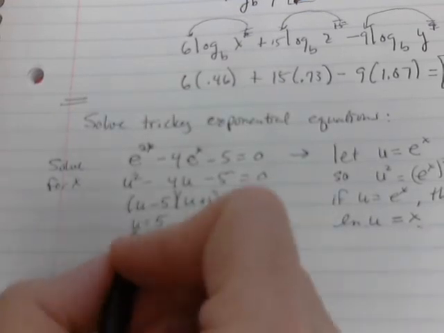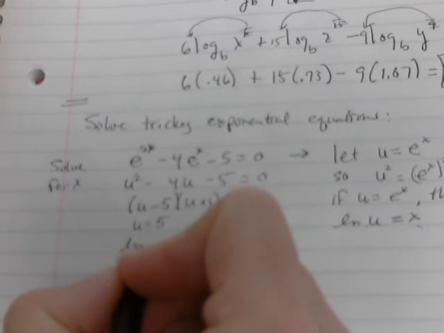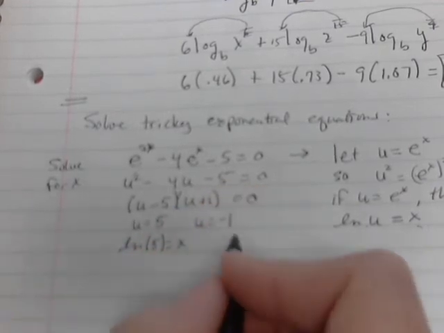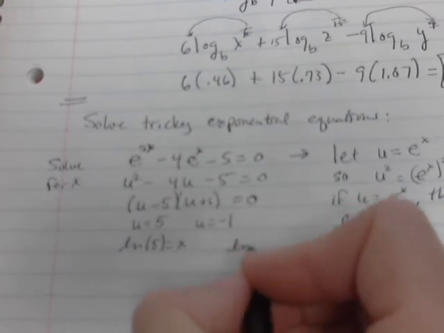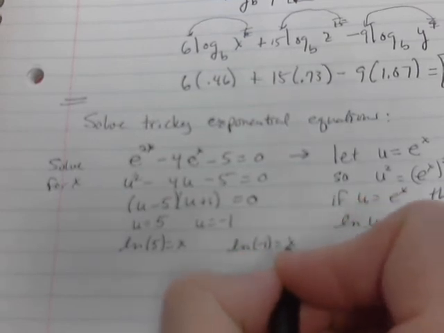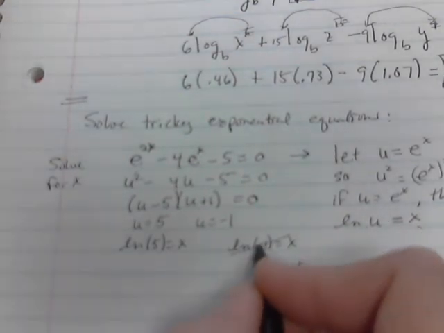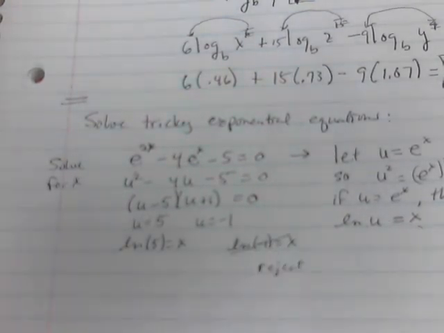So if u is equal to 5, we have the natural log of 5 is equal to x. And if u equals -1, we have the natural log of -1 equals x. But we can reject that because we can't have a negative argument for a logarithm.